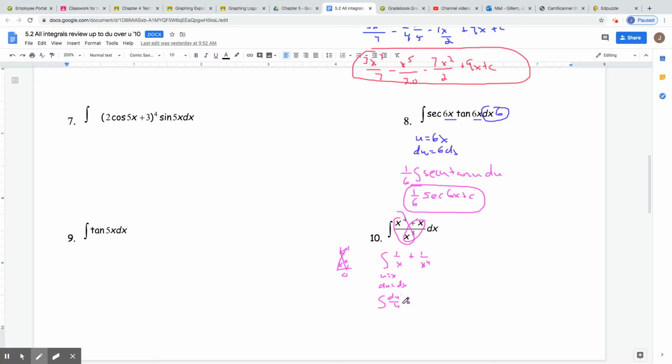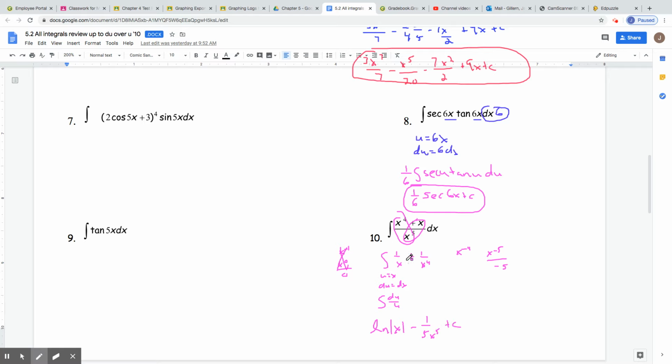So this part is the natural log of u, which is x. And then I do this one, which is x to the negative 4th, which is x to the negative 5th over negative 5. So it's minus 1 over 5x to the 5th plus c.